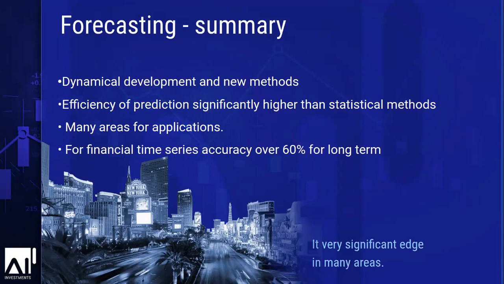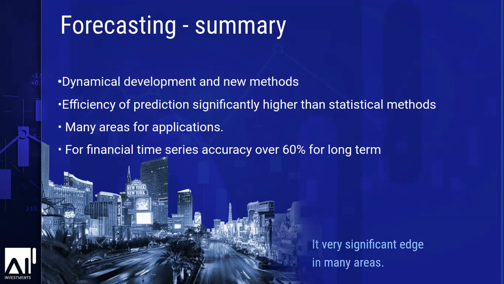And yeah, as I said, the efficiency of forecasting with machine learning methods is significantly higher than statistical methods, especially for difficult to predict time series. As the name of our company says, we are focusing on using machine learning for investing.